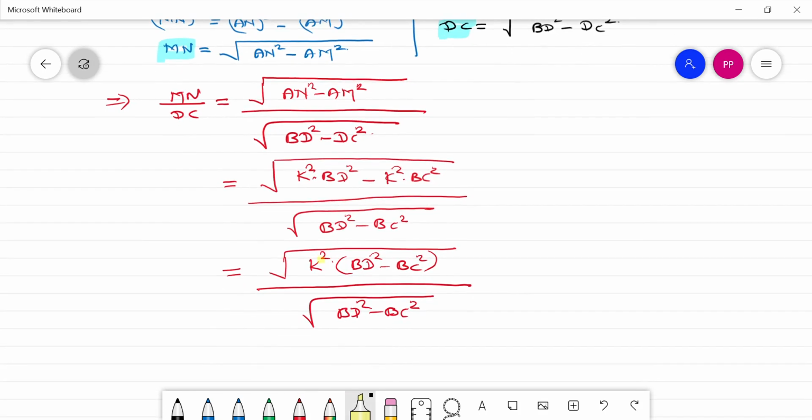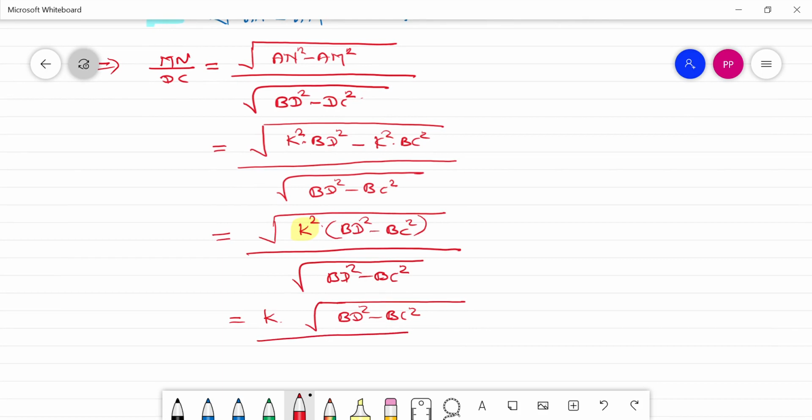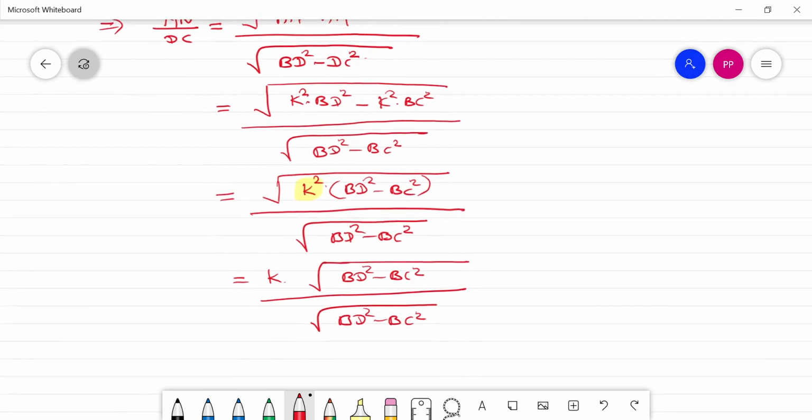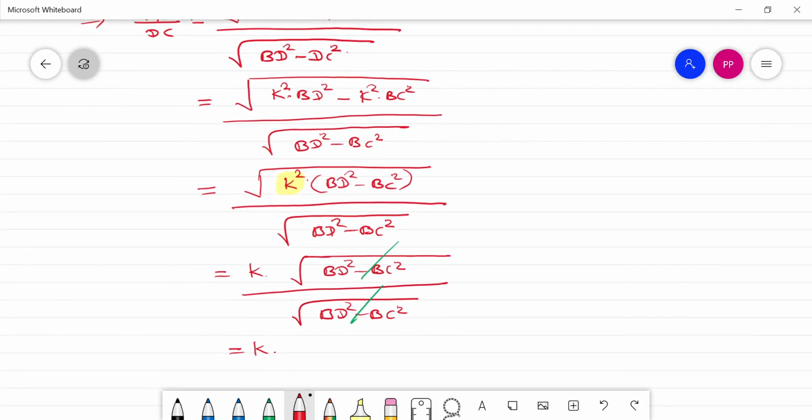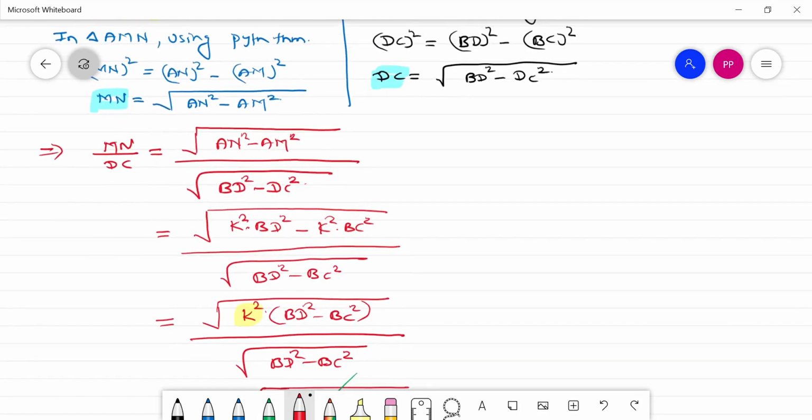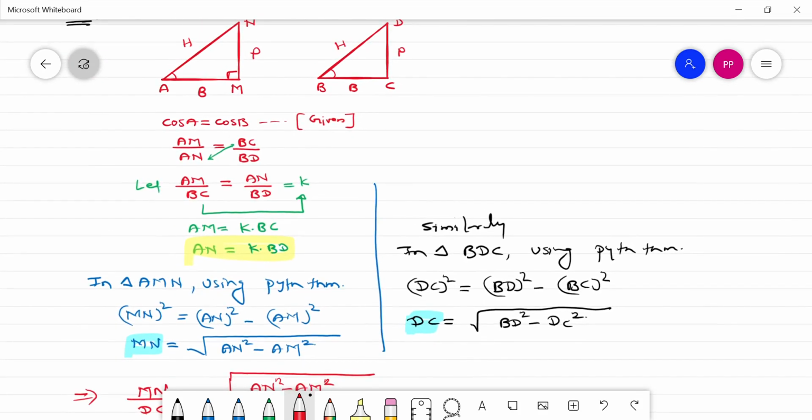Now we can take square root of this K square, so this comes outside of the square root sign and it becomes K. So this entire thing gets cancelled and we get this ratio as K. So we got MN by DC is equal to K.